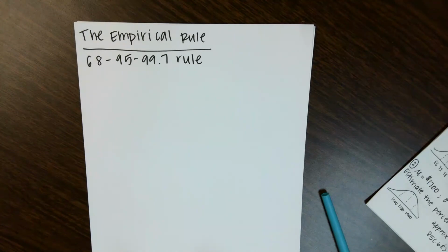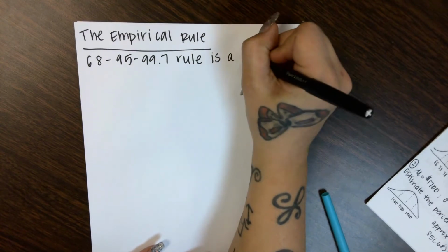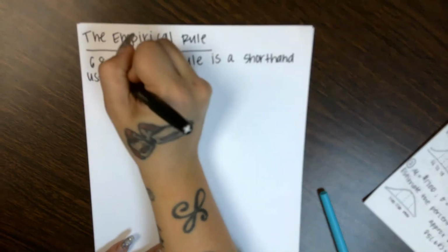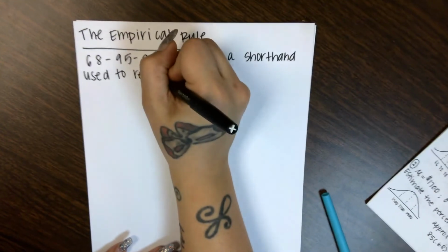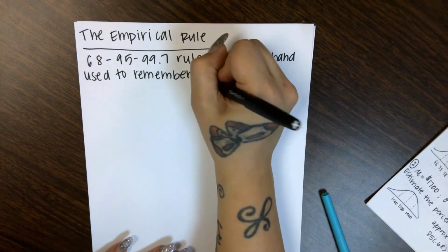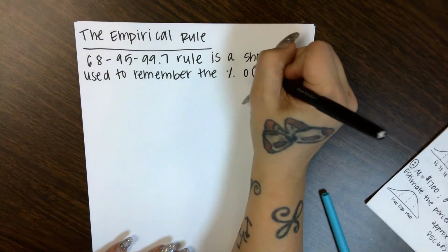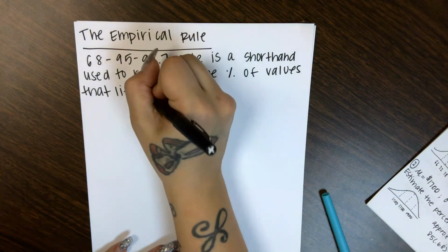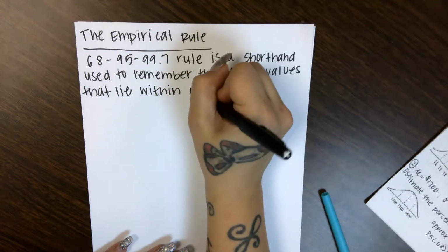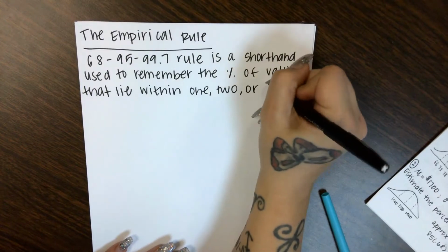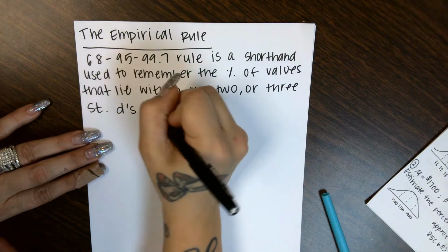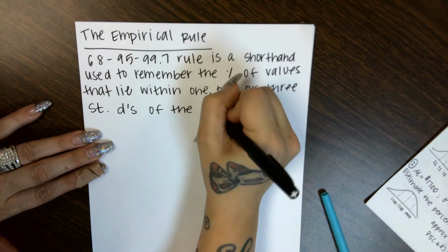The empirical rule, the 68-95-99.7 rule, is a shorthand used to remember the percentage of values that lie within 1, 2, or 3 standard deviations of the mean.